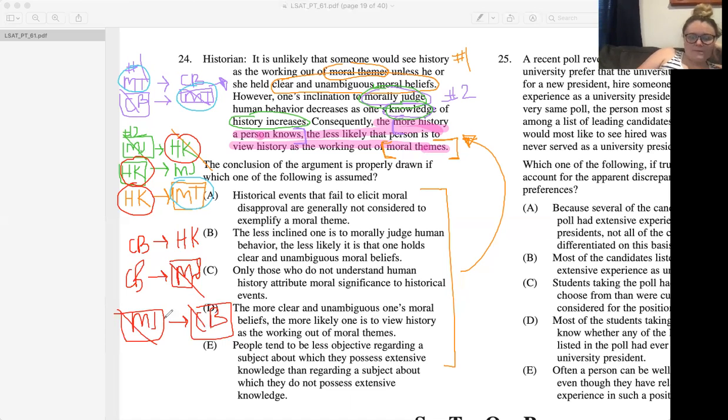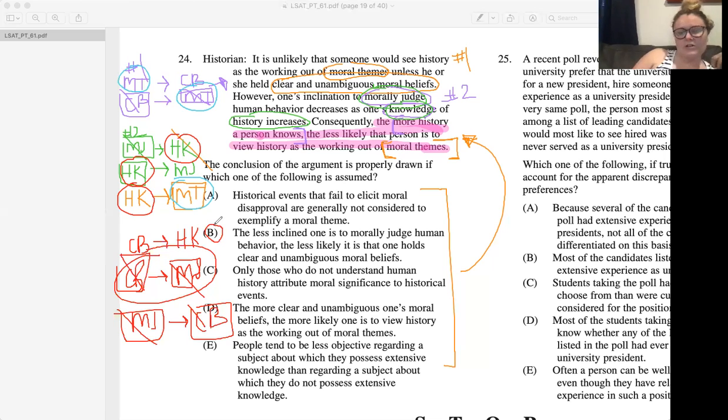Which would be connecting the two parts that we're trying to connect, which is not having clear moral beliefs equals not morally judging. And that is why answer choice B is correct.